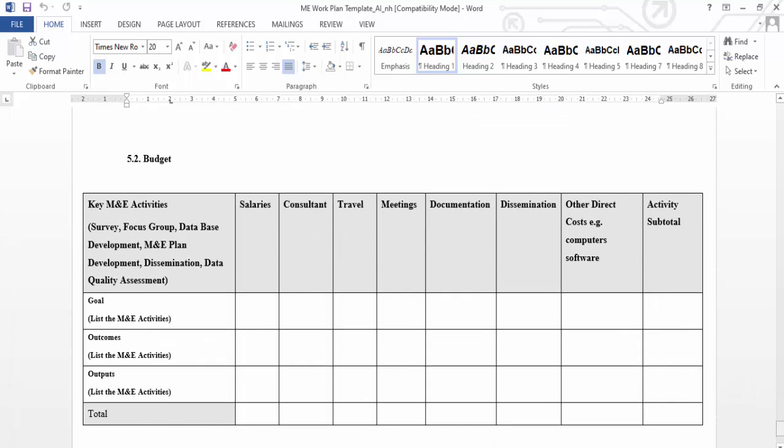Okay, so the budget. Very interesting as well. And I think I'll spend a little bit more time talking about this, because I know a lot of our managers around the world tend to get cold feet. How much should be the salaries of M&E personnel? If I asked you this question, of course you say it's dependent on the budget, which I totally agree with.